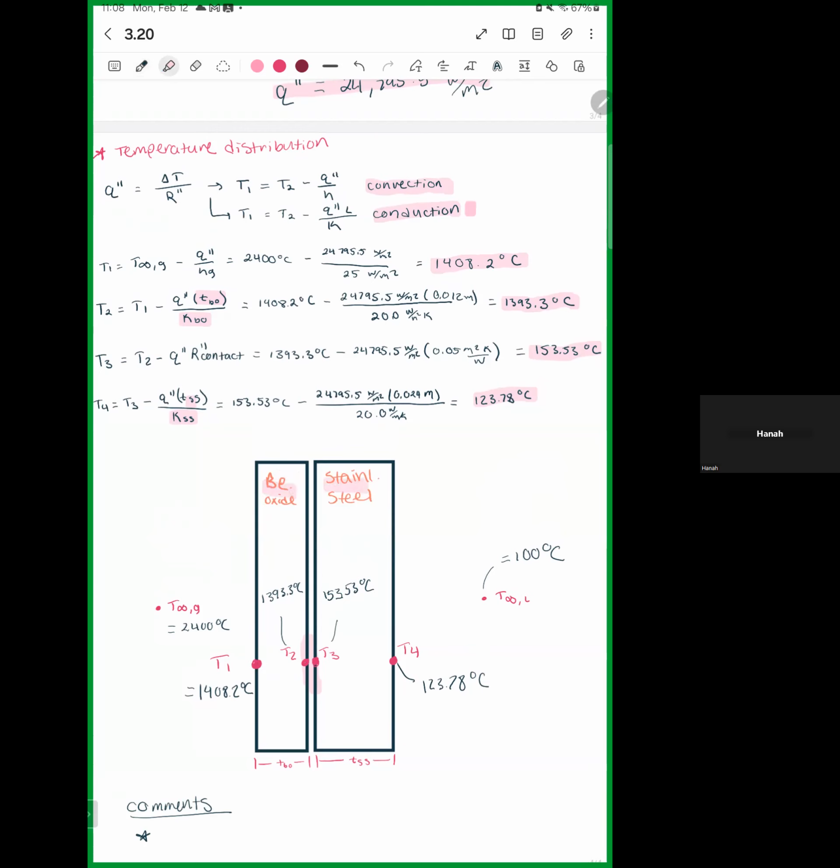And we assumed 1,500 Kelvin and 600 Kelvin.